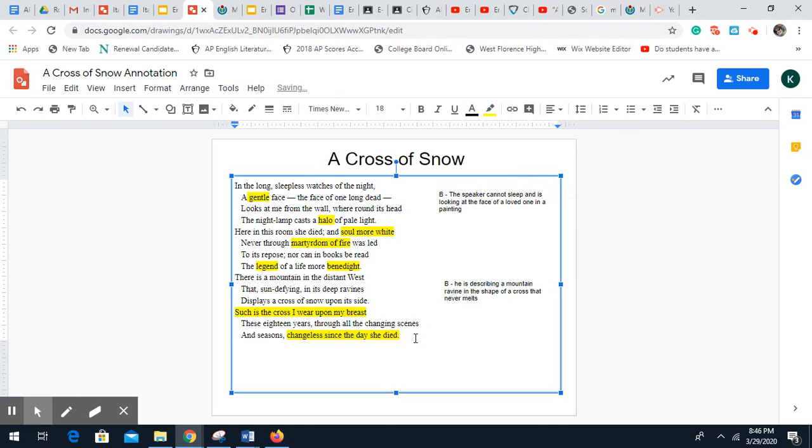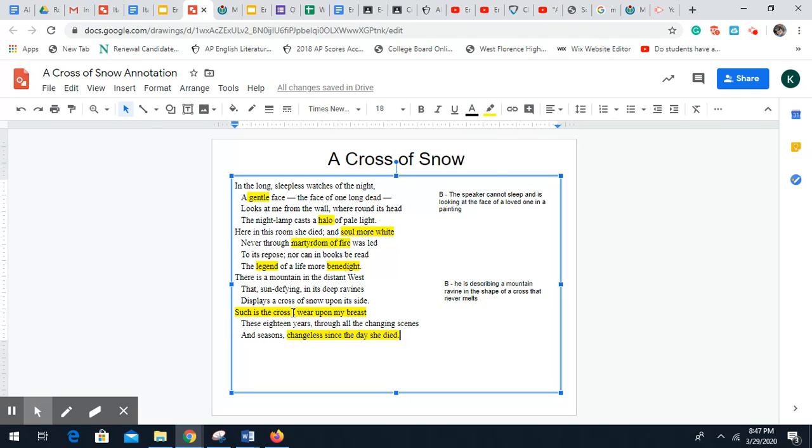A lot of times students will think, well, he's wearing a cross necklace. But I want you to think about the term cross, maybe as a more abstract term. Like you might say, this is the cross I have to bear, or if we look at a biblical Jesus bearing the cross.